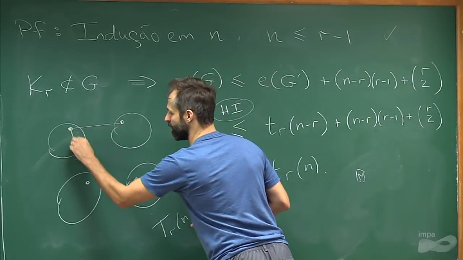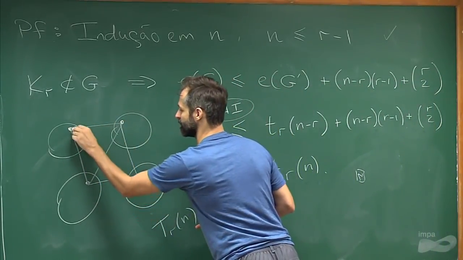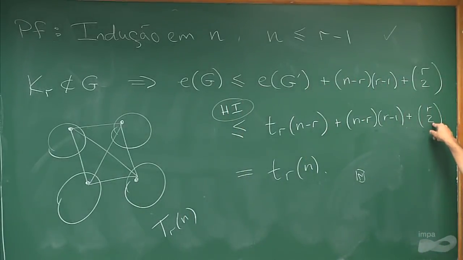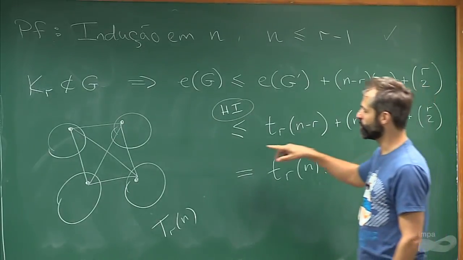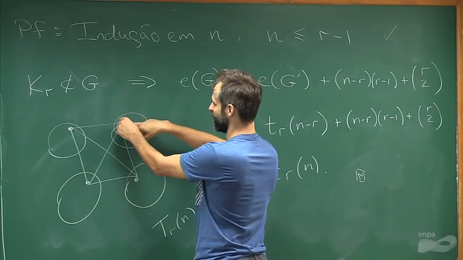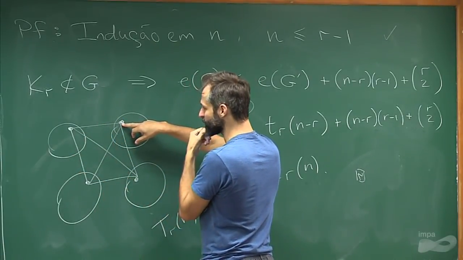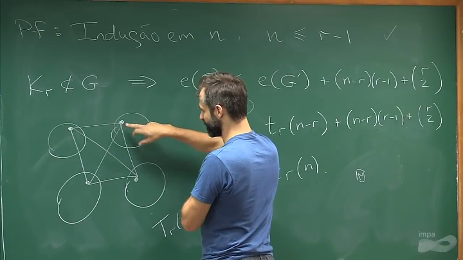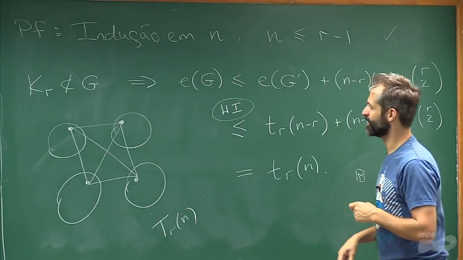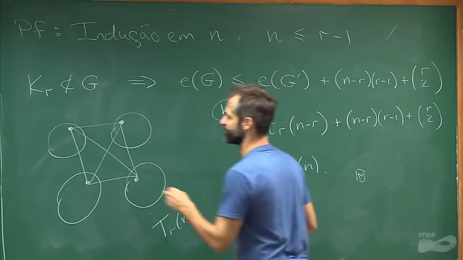Well, we remove r choose 2 between them. That's this guy. And for each one of them, we remove edges to all of the other vertices. How many parts are there? Sorry? There are parts.